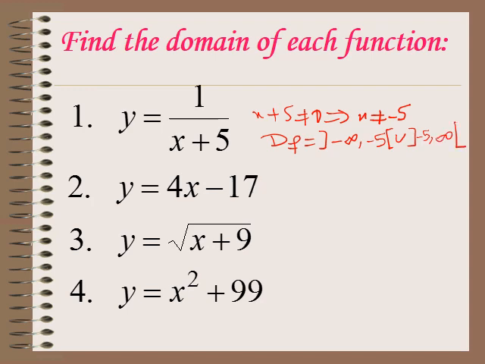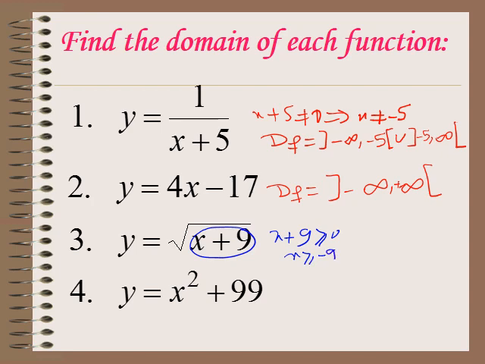Number 2: y equals 4x minus 17. Domain of definition is from minus infinity to plus infinity. Number 3: y equals radical x plus 9. The expression under the radical should be greater than or equal to 0. So x plus 9 is greater than or equal to 0, x is greater than or equal to minus 9.